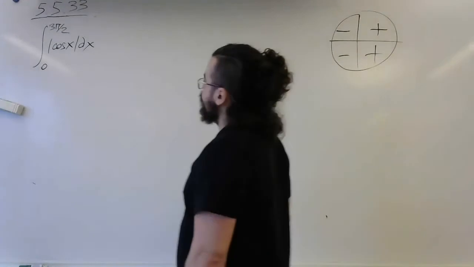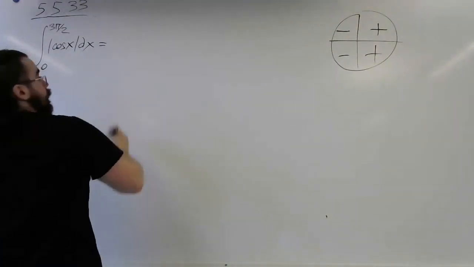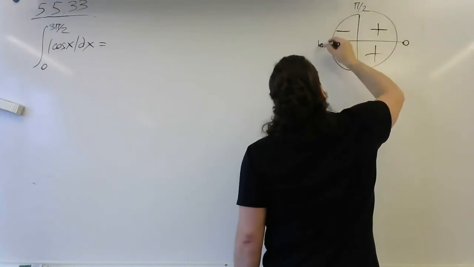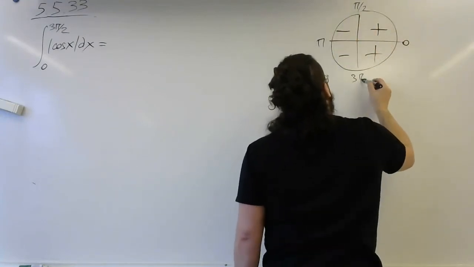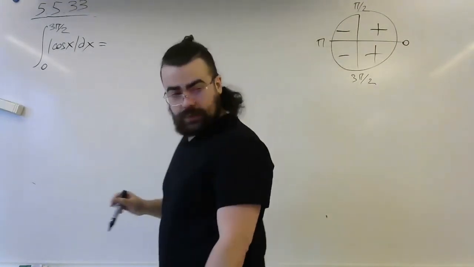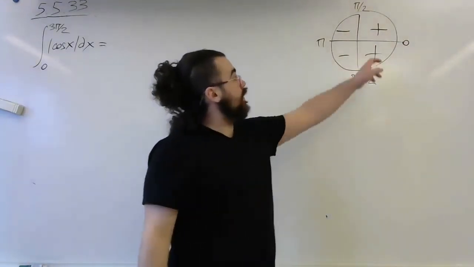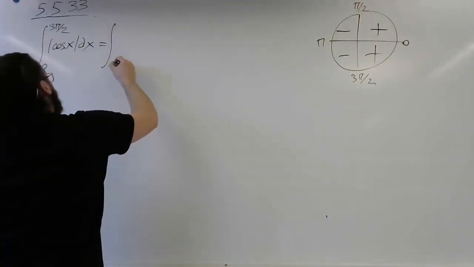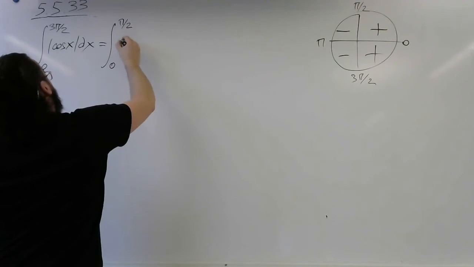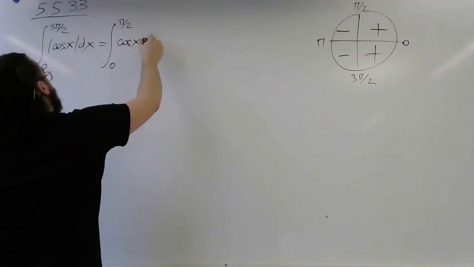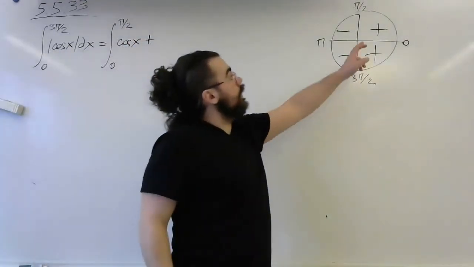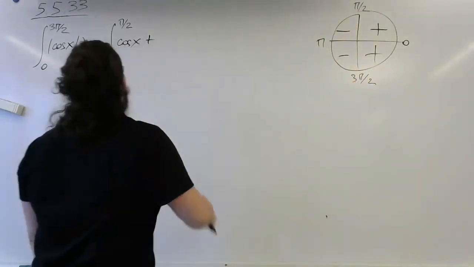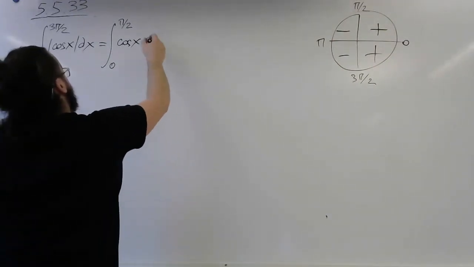So what we have here is the absolute value of a positive amount between 0 and pi halves plus the absolute value of a negative amount between pi halves and 3 pi halves. So this plus becomes a minus.